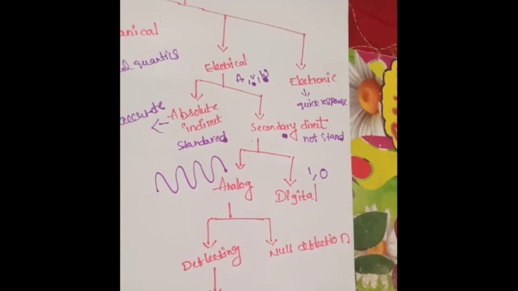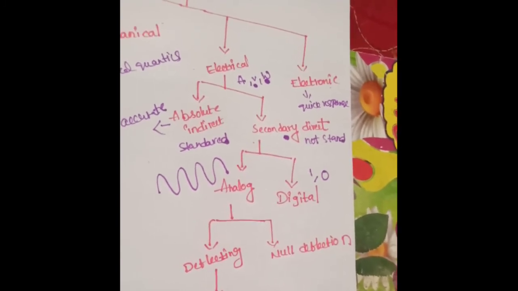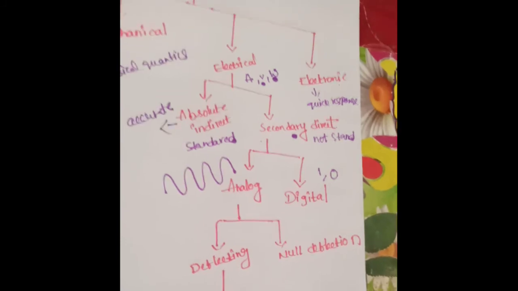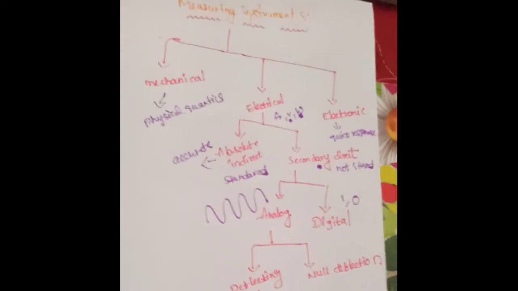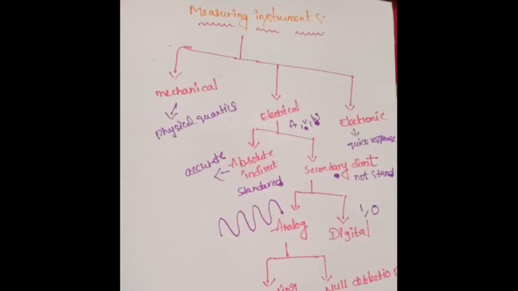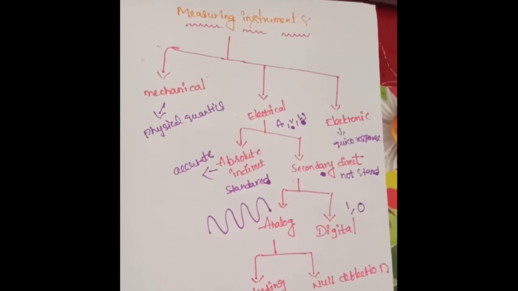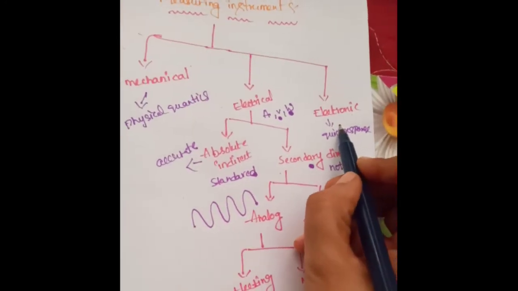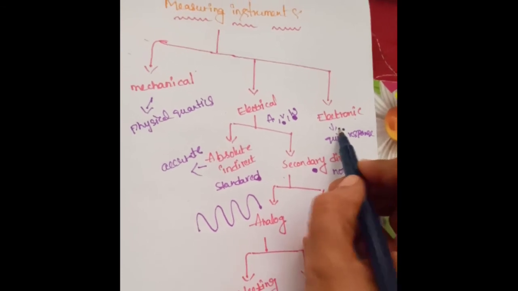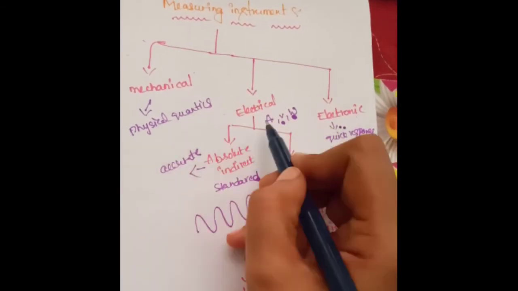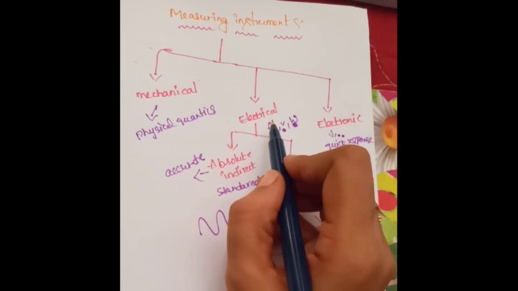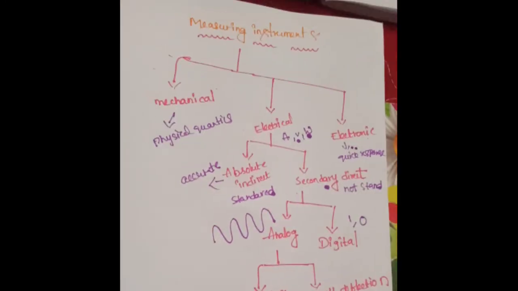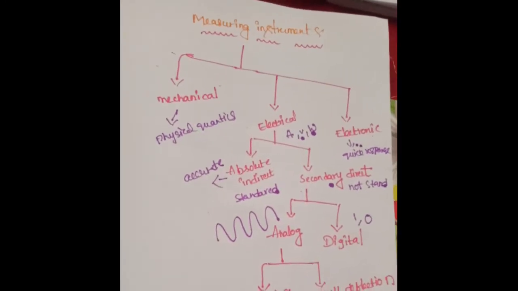So it is the best example of a recording instrument. This is all about the measuring instruments. One more thing: the response time of electronic instruments is very high as compared to mechanical instruments and electrical instruments. This is all about the measuring instruments.